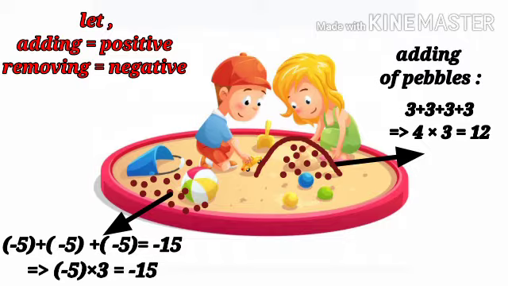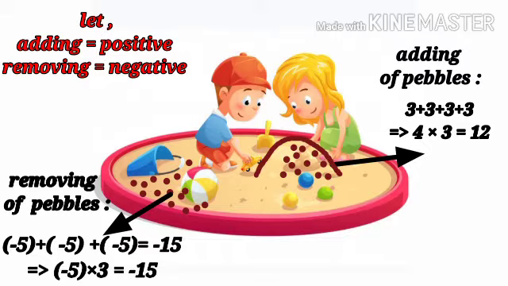So initially she adds 3 pebbles, then again 3, and she repeats it 2 more times. So 3 plus 3 plus 3 plus 3 is equal to 12. Or in other words, 4 into 3 is equal to 12, which means 4 times plus 3. This is nothing but multiplication of integers. So the total number of pebbles added is 12.